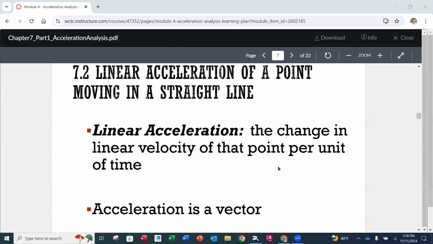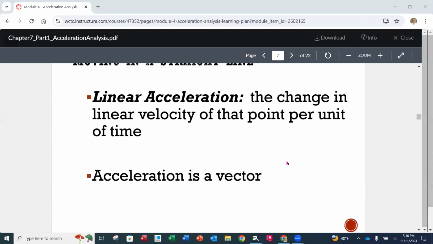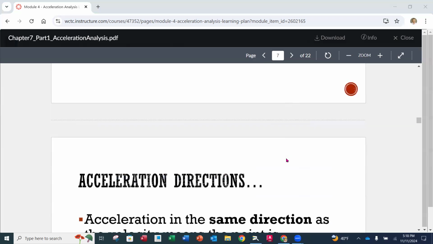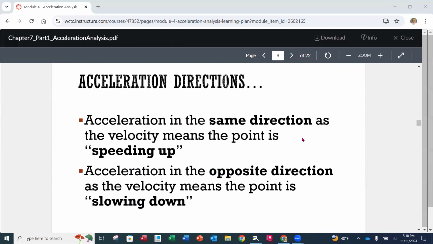Now, acceleration, as we said earlier, is a vector quantity. Acceleration is going to be in the same direction as motion, as velocity, if that point is speeding up.